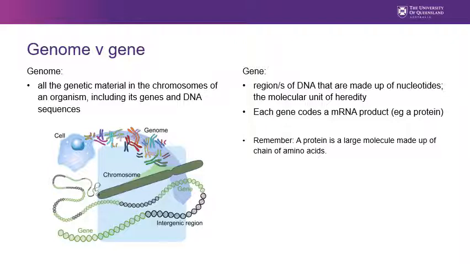Each gene codes for an mRNA product, which is a protein. Remember, a protein is a large molecule that is made up of chains of amino acids joined together. So you can see that a genome consists of all of the genes in an organism, as well as the other DNA sequences that are not coded into proteins.